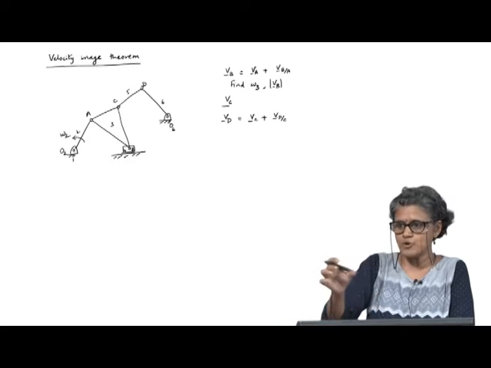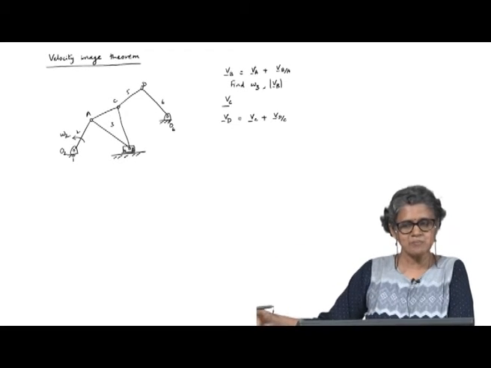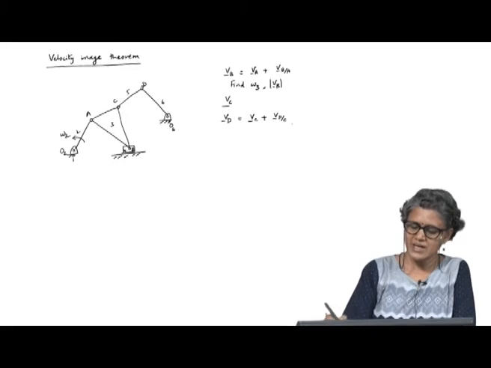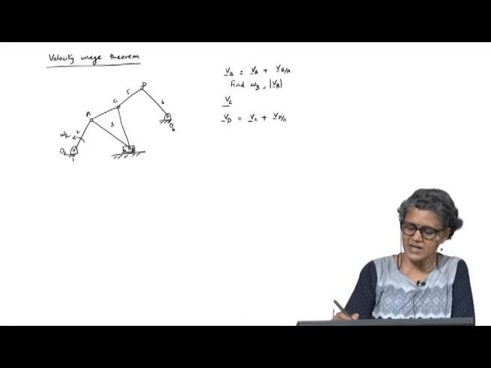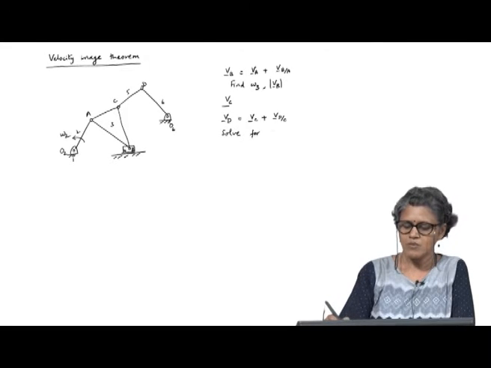I have to keep looking for 2 points which are on the same link to do this, and then with this equation I can solve for omega 5 and omega 6.